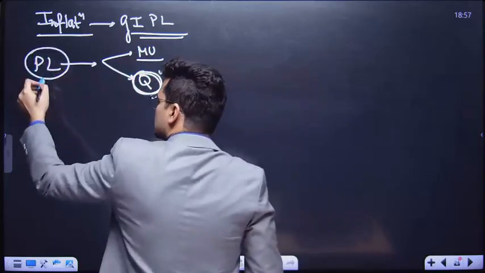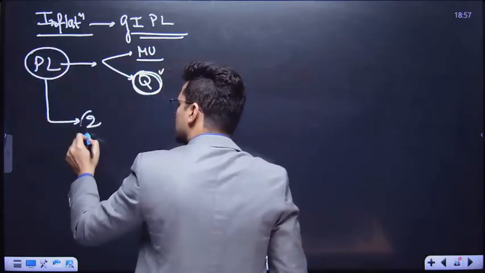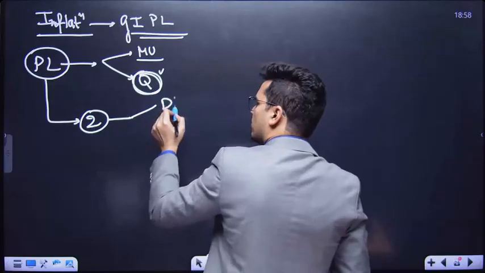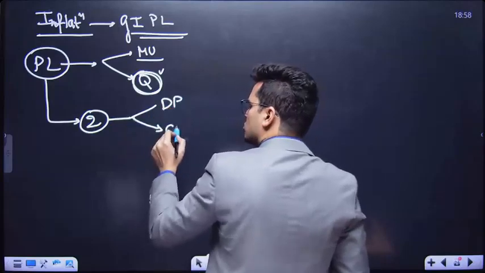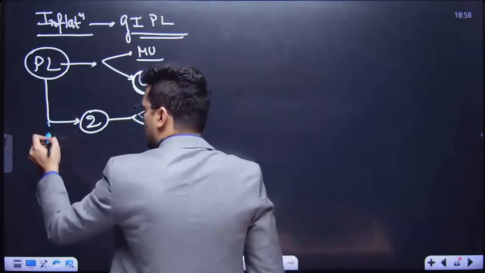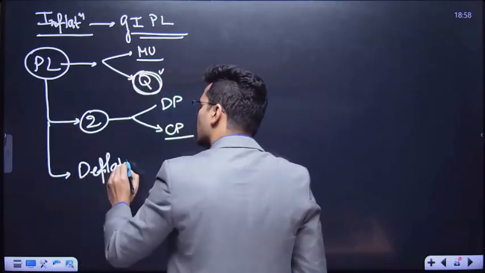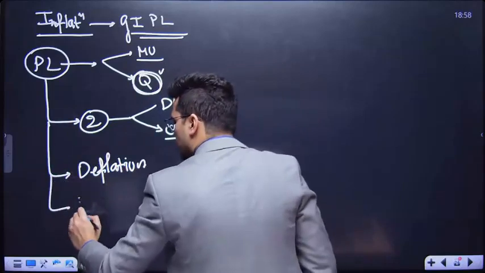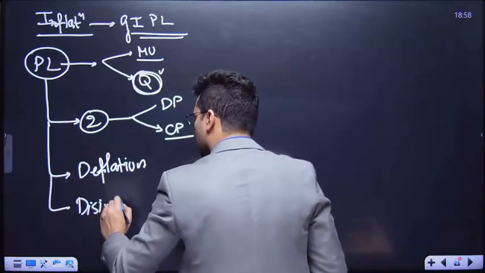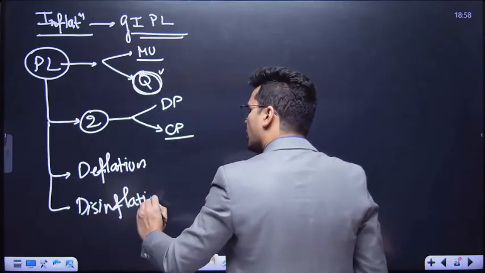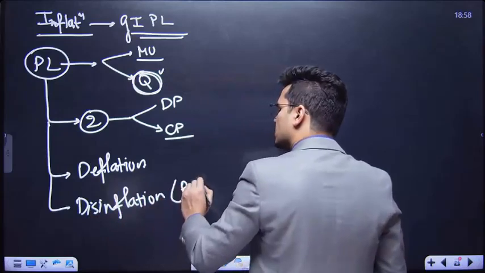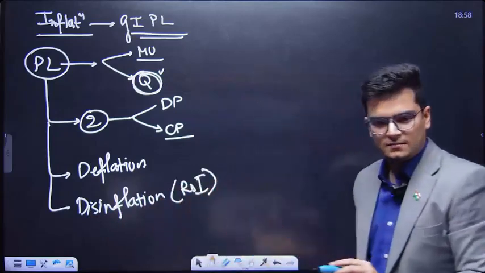On this basis, I can say that there are two first types of inflation: demand pull inflation and cost push inflation. Then I read two other terms: deflation, that means fall in price level; disinflation, meaning fall in the rate of inflation, but still prices were rising.